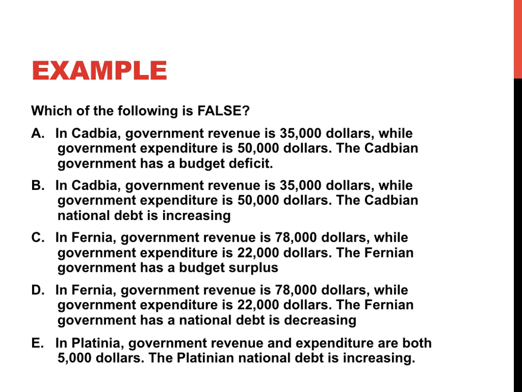The Fernian government has a budget surplus. The Fernian government has a national debt that is decreasing. In Platinia, government revenue and expenditure are both $5,000. The Platinian national debt is increasing. Pause the video and try to answer this question, and then restart the video and we'll go over it.